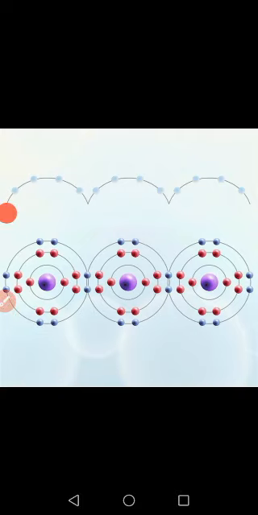Outer electrons participate, and when an outer electron gains enough energy to leave its parent atom, then it moves to the conduction band, and when we apply an electric field, the electron in the conduction band can respond to that electric field.